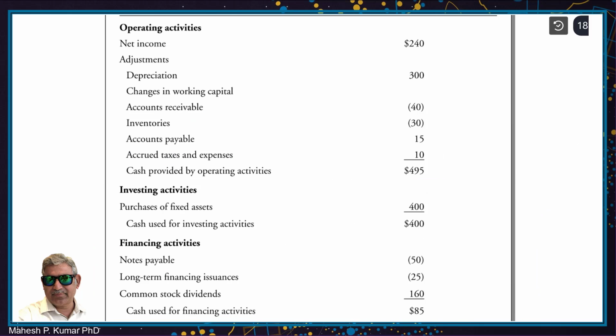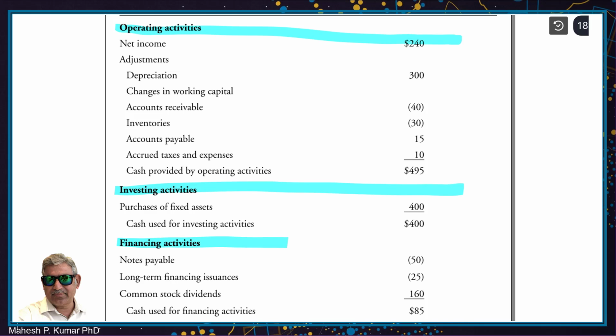To get this number, we look at the cash flow statement. There are three portions of the cash flow statement: cash from operating activities, investing activities and financing activities. Working capital is a part of operating activities, and here we see some changes happening in the working capital.